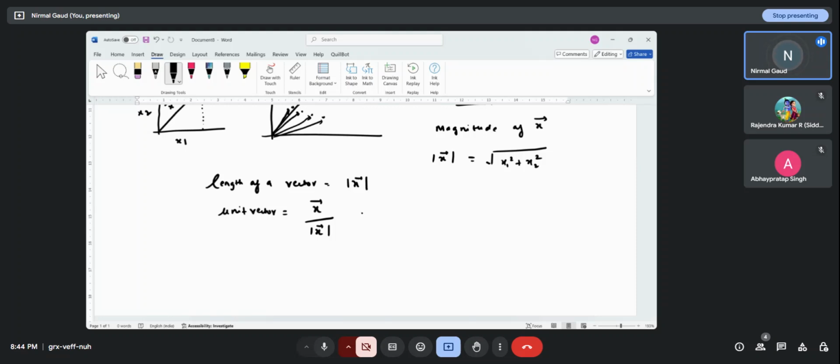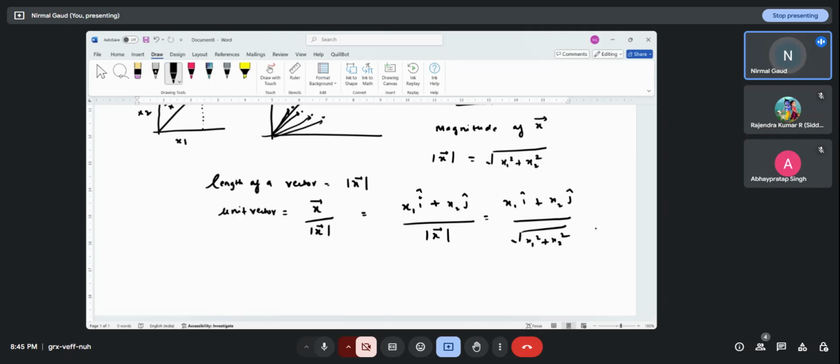So we are having x vector as x1 i cap plus x2 j cap upon the length. I can rewrite it as x1 i cap plus x2 j cap upon square root of x1 square plus x2 square.